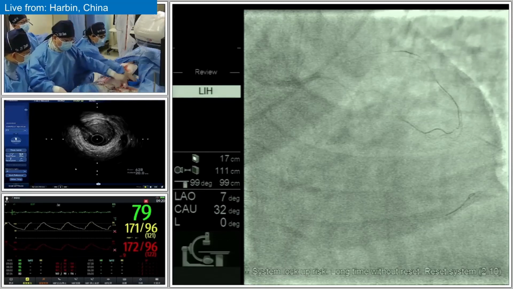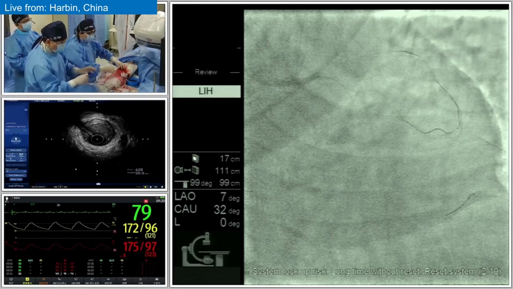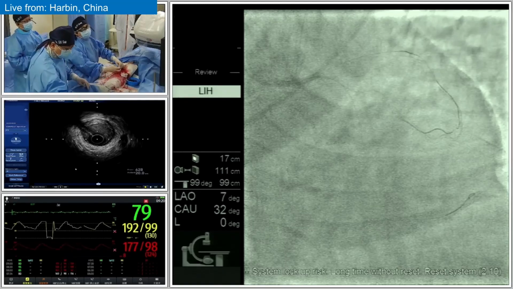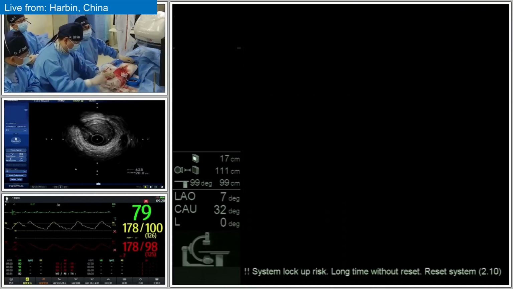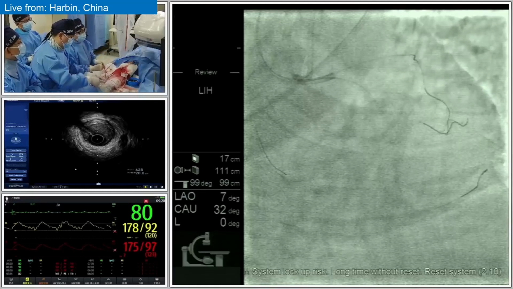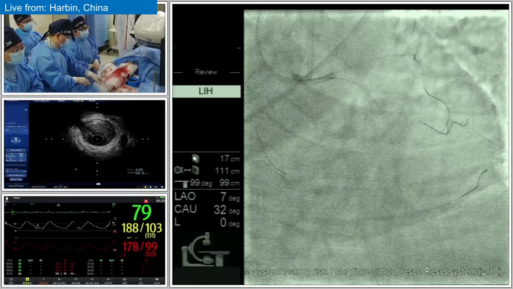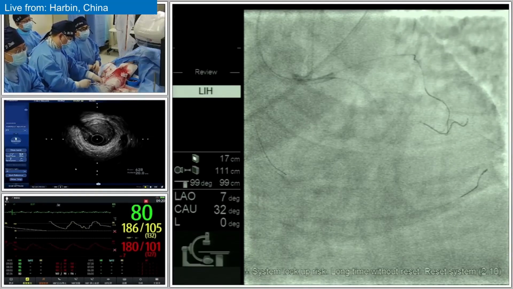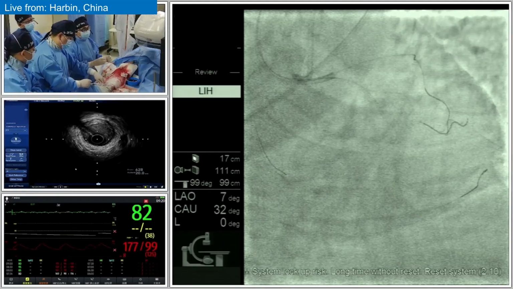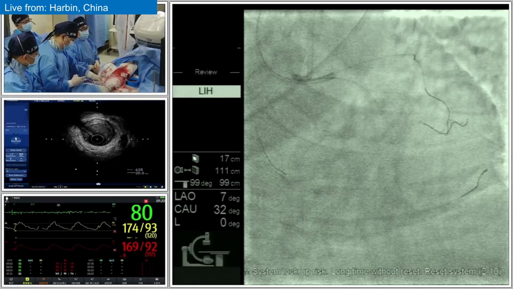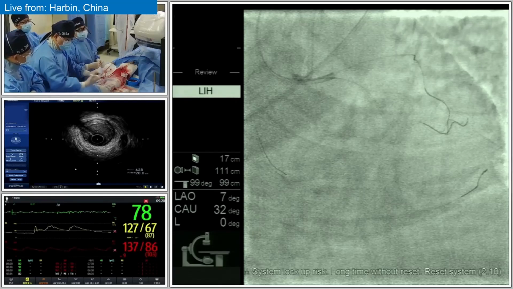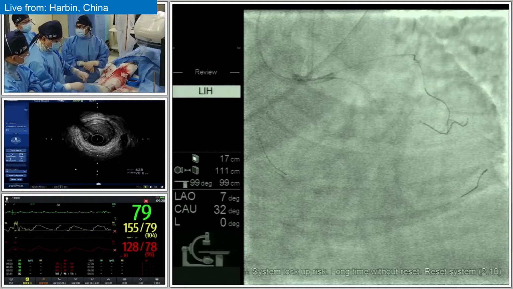According to the course of the target vessel, if the course is well understood by us, we can use a stiffer and tapered tip. If we cannot understand the course well, we will use a non-tapered tip, a polymer jacketed wire.